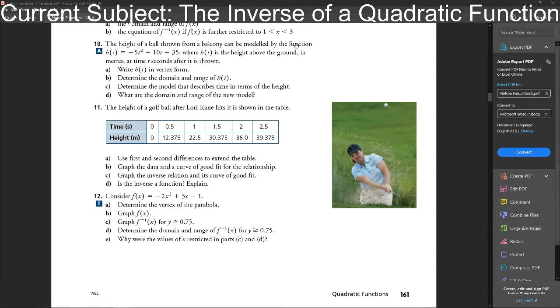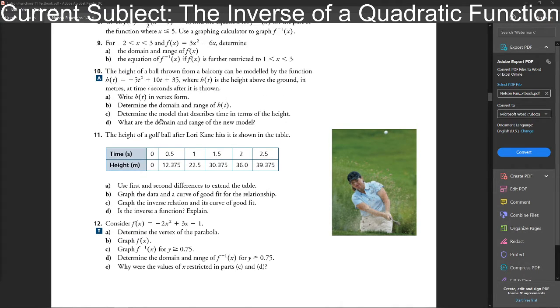Oh, whoops, what was the question? Write in vertex form. That's right, I want to go standard to vertex. That's why I'm not finding anything. Oh, that's right, we need to solve for all. So vertex form, okay, that's right. All we're technically doing is, oh my gosh, I can't believe I forgot how to do that.